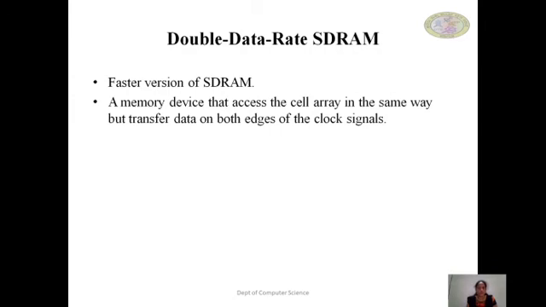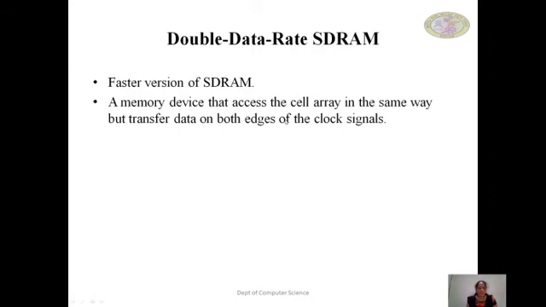That is, data can be transferred both on the rising edge as well as on the falling edge of a clock cycle. So in double data rate SDRAM, accessing the cell array is similar to that in the SDRAM, but while transferring, the data can be transferred on both edges of a clock cycle. Because of that, the latency remains the same, but the bandwidth will be double. Hence the name, double data rate SDRAM.